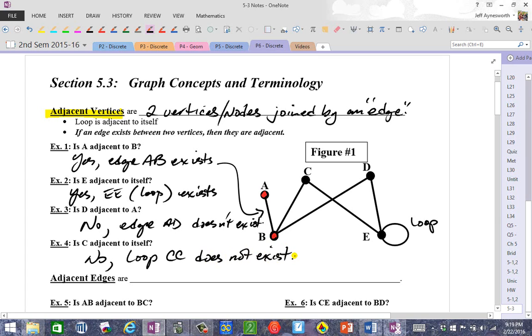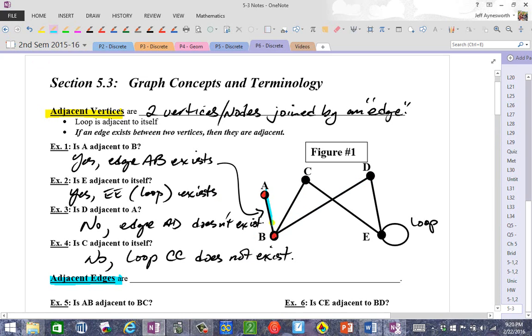Now, if you can have adjacent vertices, you've got to have adjacent edges. Just as an example, I would say that AD here is adjacent to AC. Or I could say that AB here is adjacent to AD. Or I can say that CB here is adjacent to DB. I can make those statements because those are adjacent.